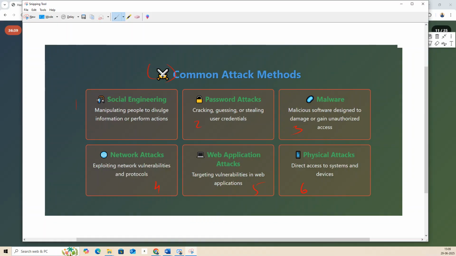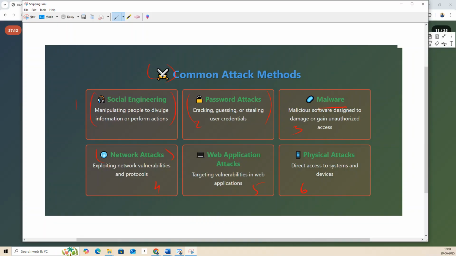Social engineering, the art of manipulating people. This is still the most effective attack vector because humans are often the weakest link in any security system. Password attacks, because despite all our technology, we still rely on passwords and people are terrible at creating and managing them. Malware, malicious software designed to damage, disrupt, or gain unauthorized access to systems.